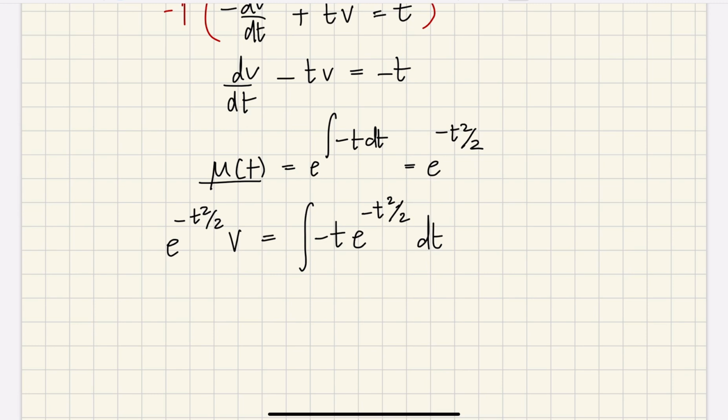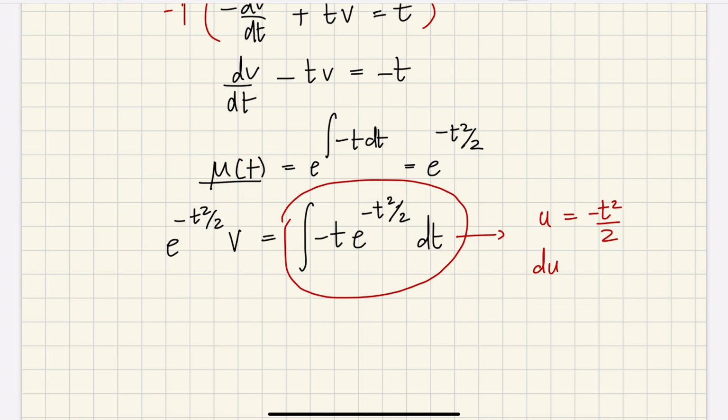Now to solve this, we can use a substitution. Let's say u is equal to negative t squared over 2. Then du is equal to negative t dt. So 1 over t du is equal to negative dt.